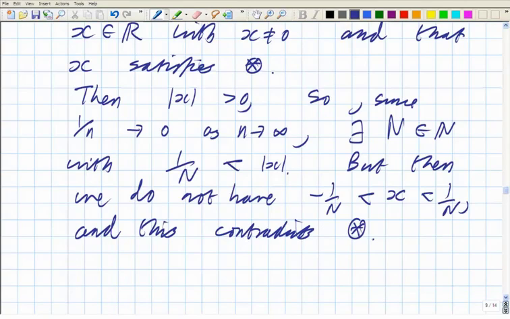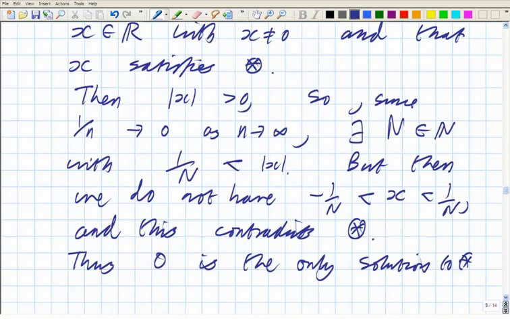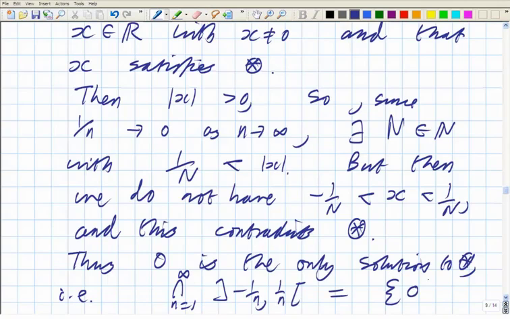So there are no such x, and that means 0 is the only solution. In other words, the intersection from n equals 1 to infinity of those open intervals is the single point set with just 0 in it.